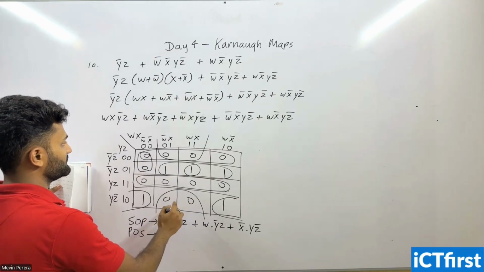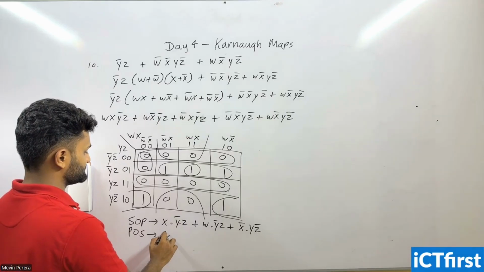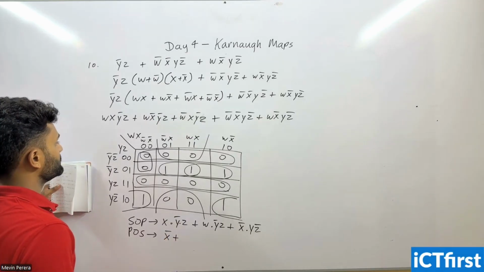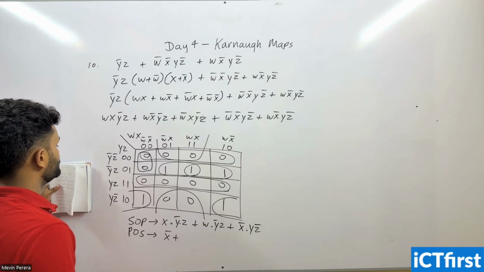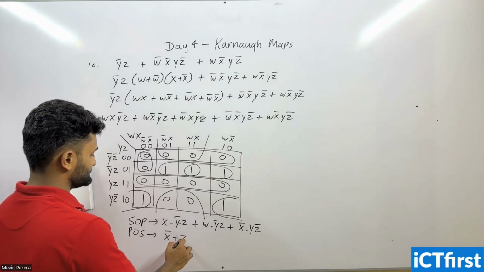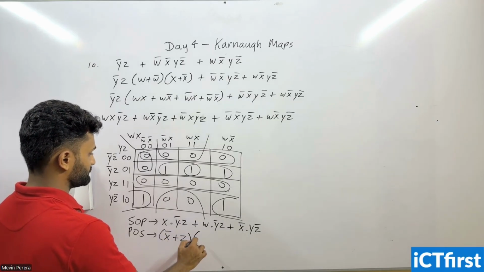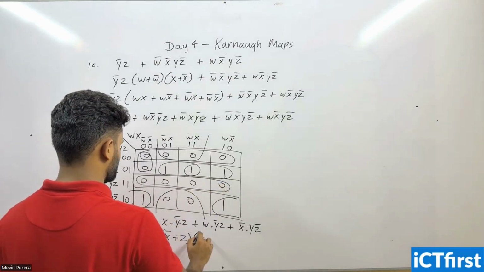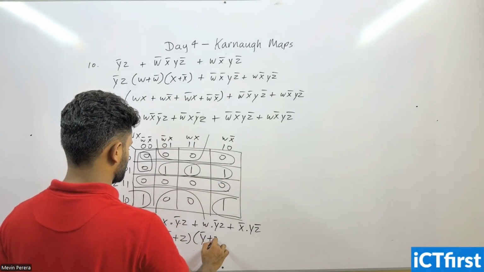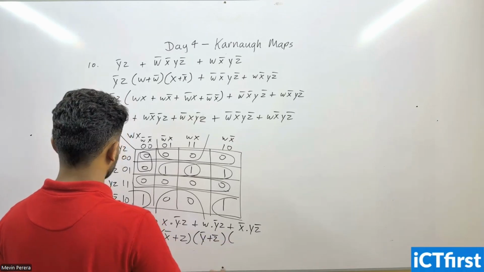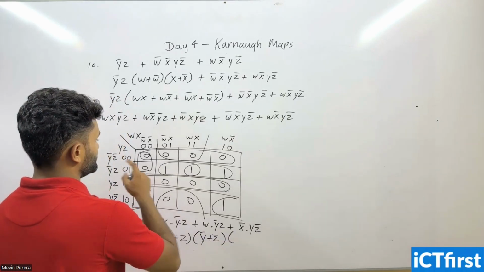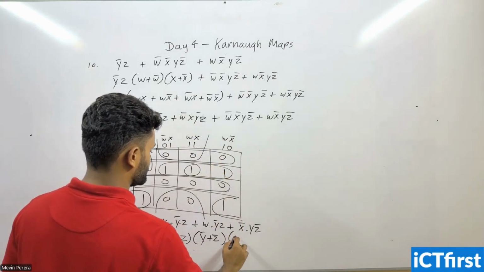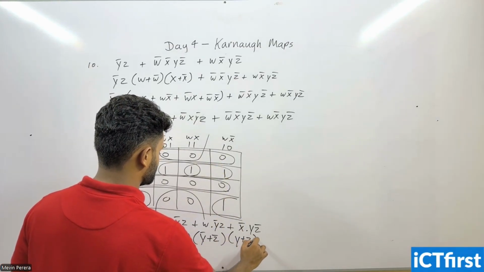Here the common one is X, that means X bar plus. So bottom, the common one is Z bar, that means Z. And here, this side, there's no common, then Y bar plus Z bar. Then what is the group? Okay, this group is OR, so Y plus Z.